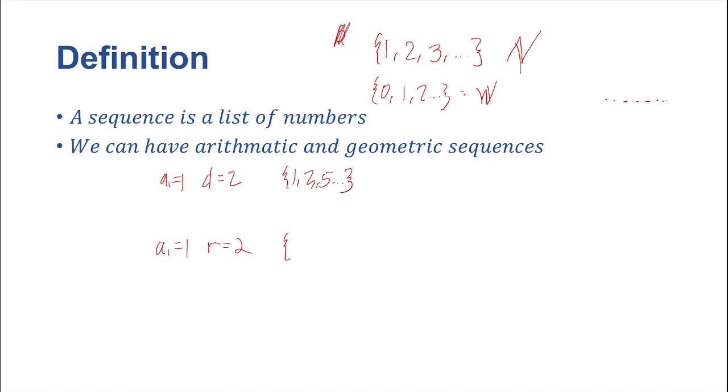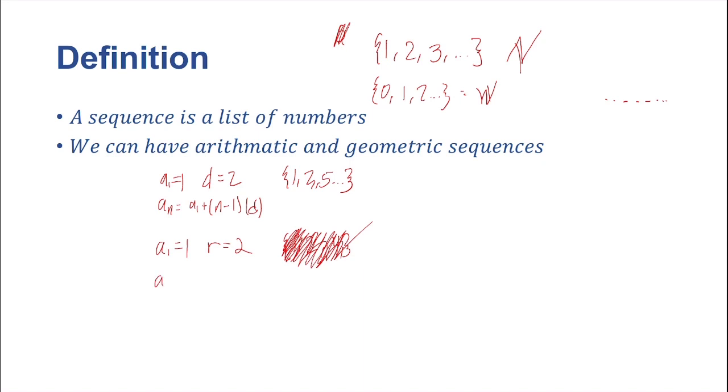So if 1 is my starting term, I'm going to have 1, then 1 times 2, then 2 times 2, and we keep defining these numbers all based on how we are writing them. The formula for an arithmetic sequence is a sub n equals a sub 1 plus n minus 1 times our common difference.